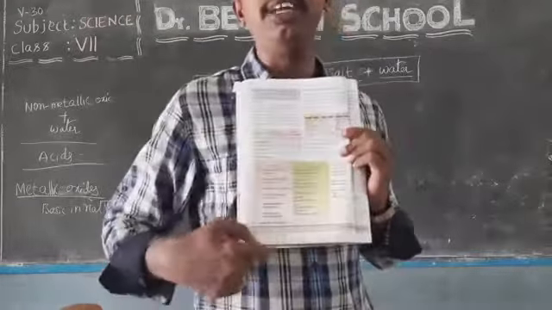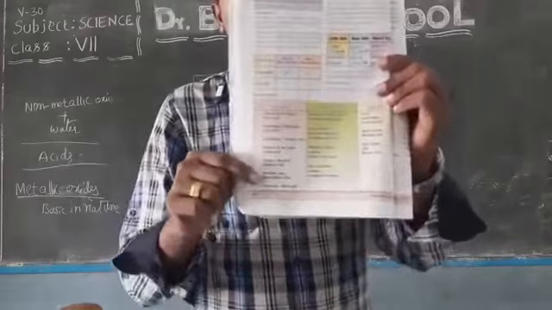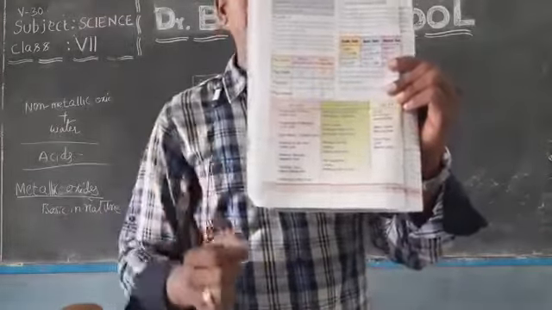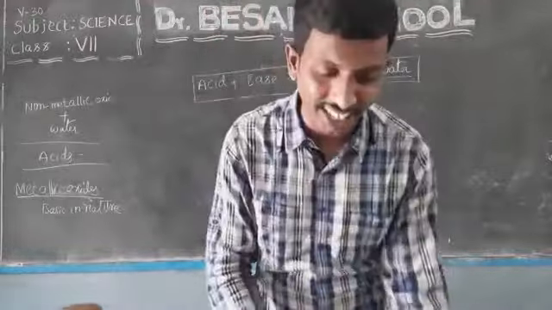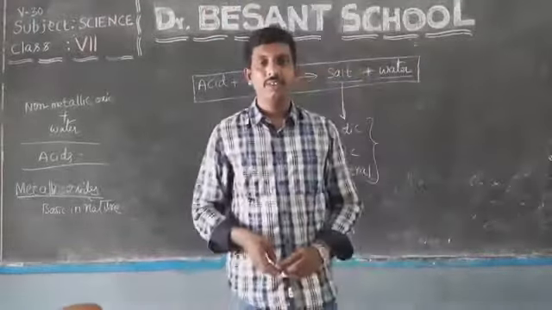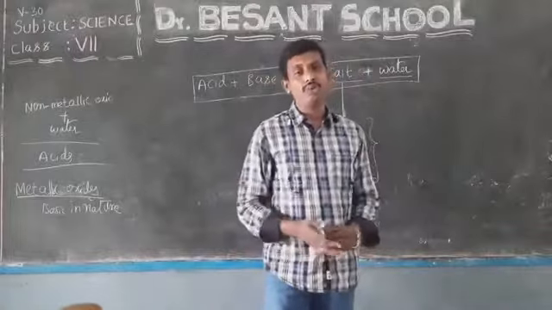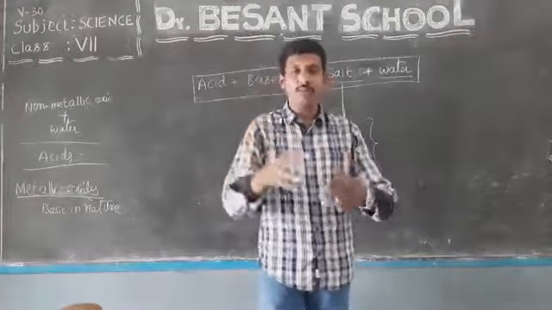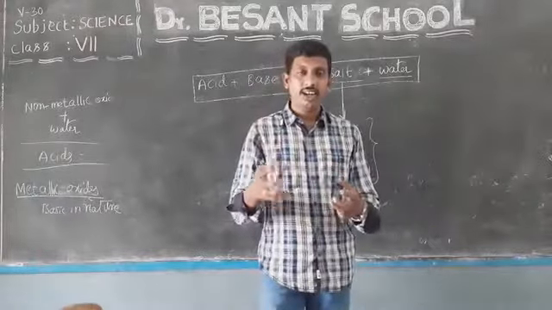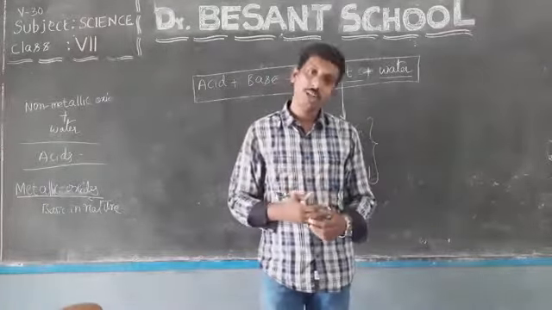You have to read this many times. There may be plenty of possibilities for getting blanks from this table portion. Okay, my dear students, when we meet in the next class, we will discuss the different blanks, what types of blanks can appear in the examination from these two chapters.